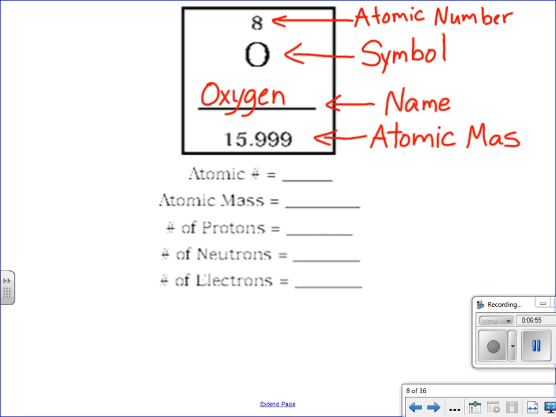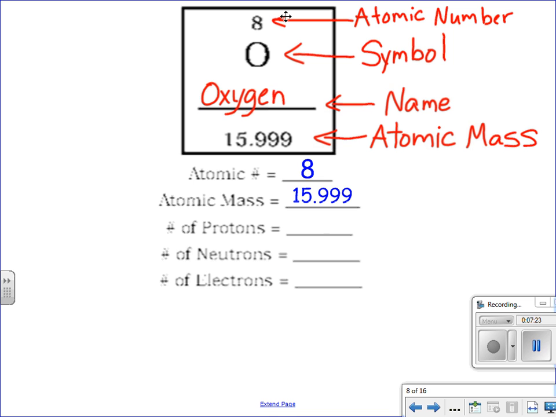So if we need to fill in our box down here, our atomic number equals, say it with me. Yep, if you said atomic number equals 8, you are correct. Now the atomic mass, the bottom number, equals 15.999.